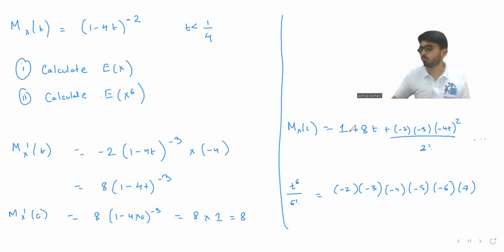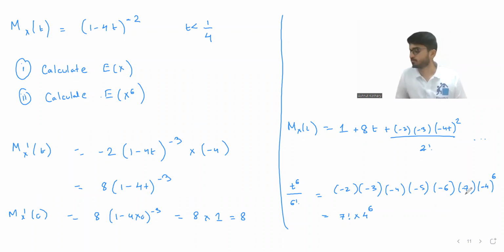You can just put it here and get the term, or you can observe the pattern, and minus 4 to the power 6. This can be written as 2, 3, 4, 5, 6. With even number powers, this will simplify to 7 factorial into 4 to the power 6, and you can calculate this using the calculator.